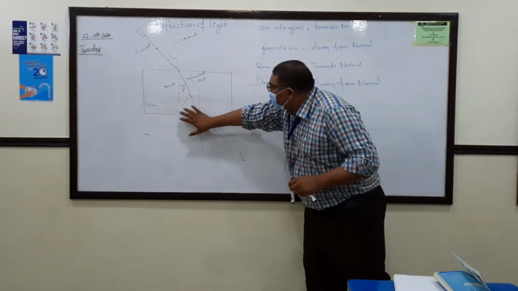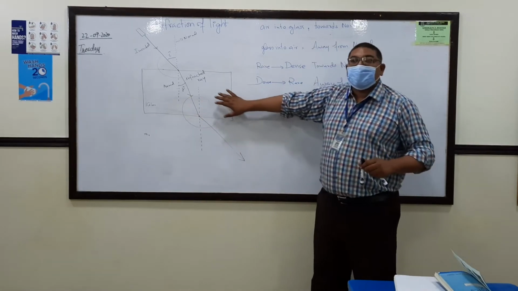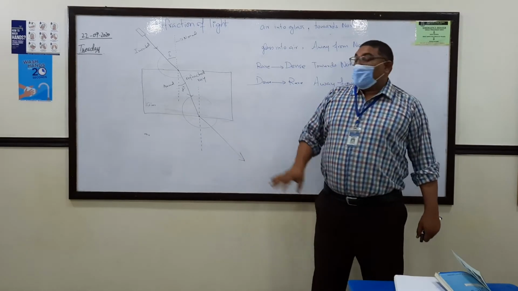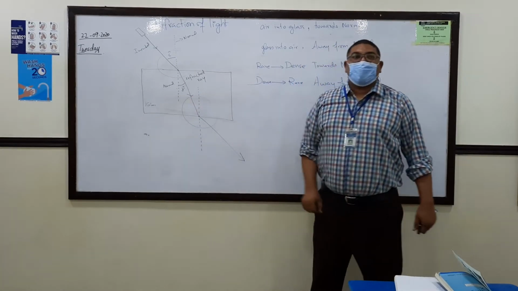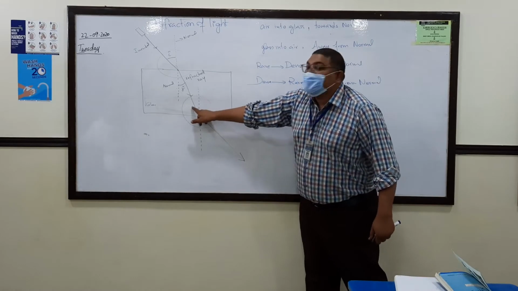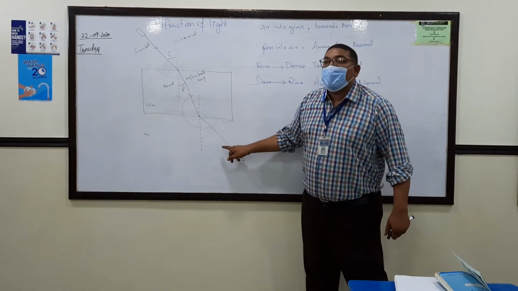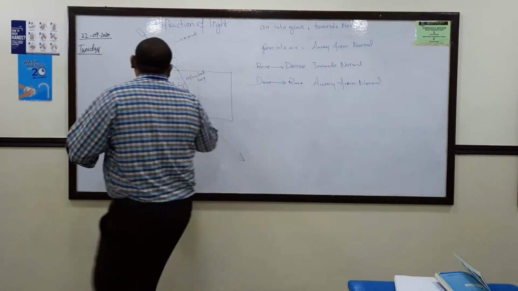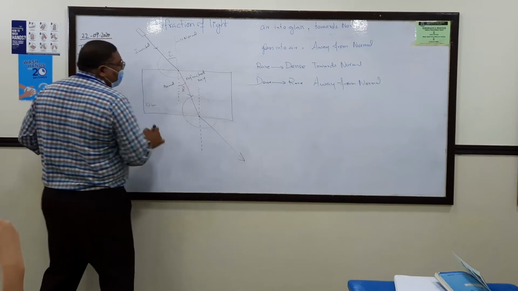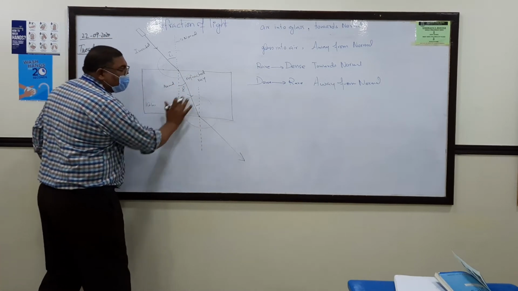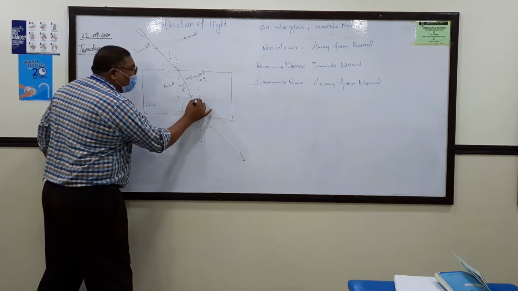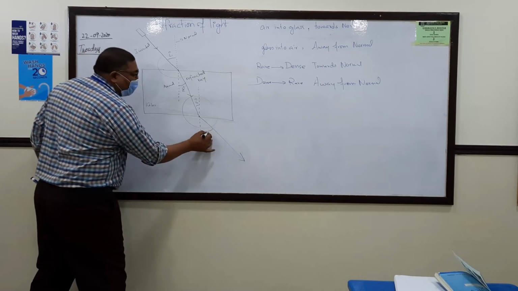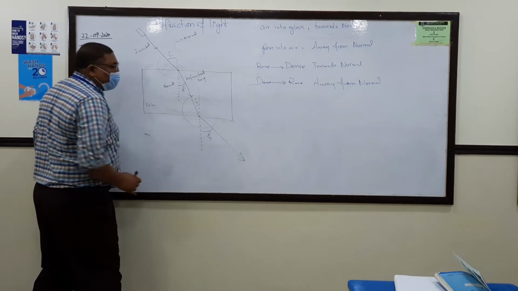If you consider here, this is the second refraction which took place there. If you concentrate on this portion, then this will be your incident ray and this will be your refracted ray. So let me call it I1, R1. If you consider this situation, then this will be my angle of incidence, let me say I2, and this will be my angle of refraction, R2.